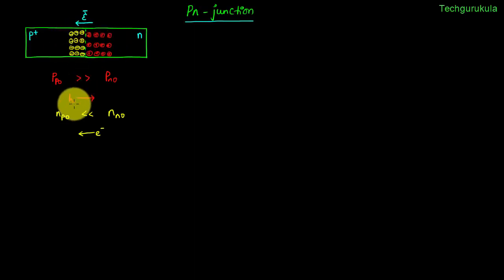To understand this, let me take the holes as example. To start with, holes were moving from P side to N side, because of which the dopant ions were exposed and electric field created. Now the electric field would be acting in such a way that it would be pushing the holes from N side to P side, because the electric field is in that direction.